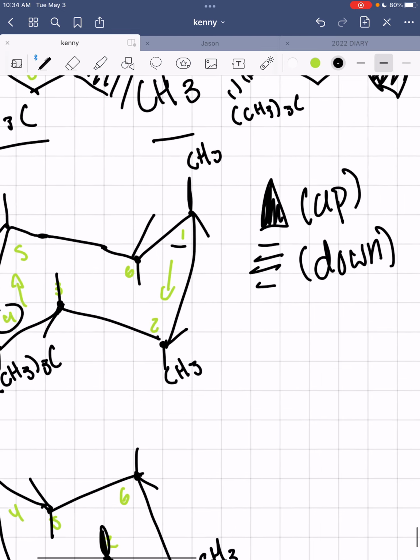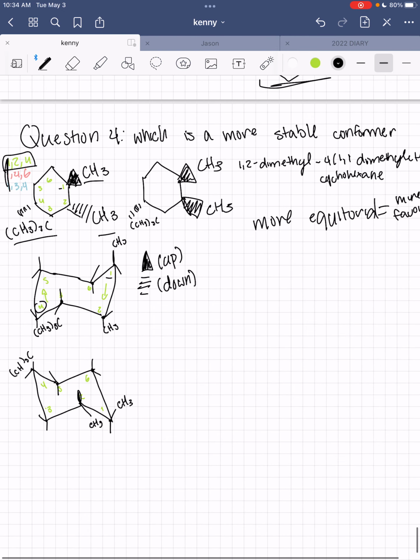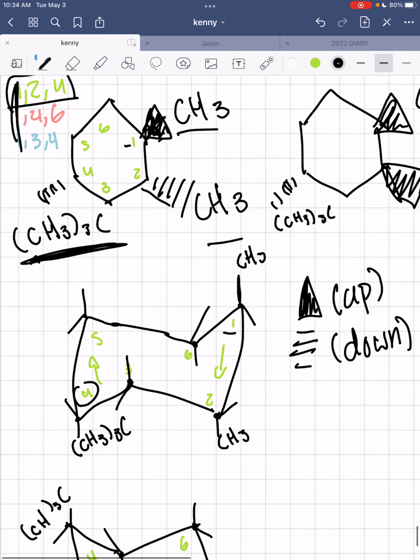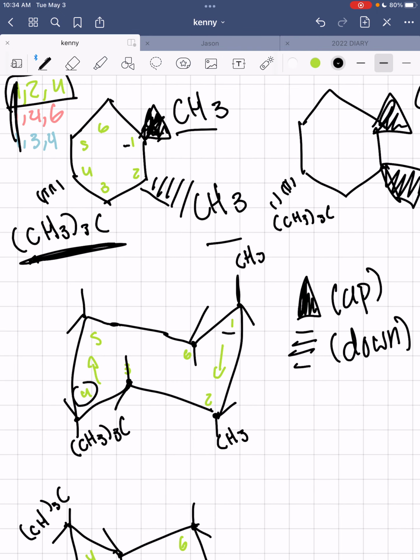So let's count it. And then there's also an important part. Since this substituent is so large, even if the other two are not on an angled or equatorial bond, it's really important for this substituent to be on an equatorial bond, because it outweighs the other two.